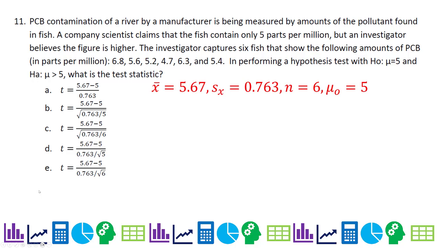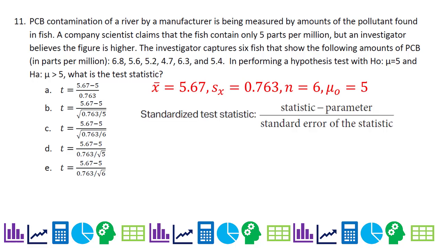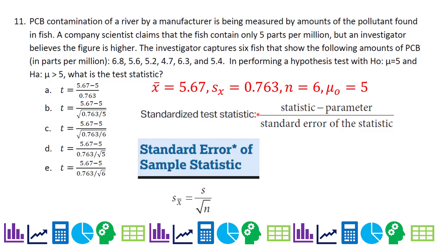So now that we have these values, we can go ahead and use the formula. So we need the formula for a standardized test statistic, which is statistic minus parameter over standard error. In this case, our statistic is the mean value, 5.67. And then our hypothesized parameter is 5. And then we have to calculate standard error for the statistic, which is slightly different from the standard deviation for the sample.